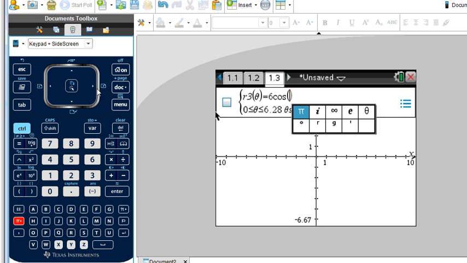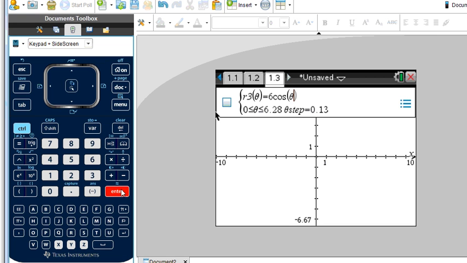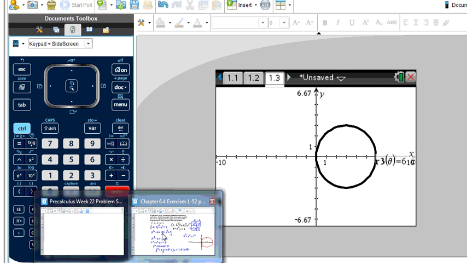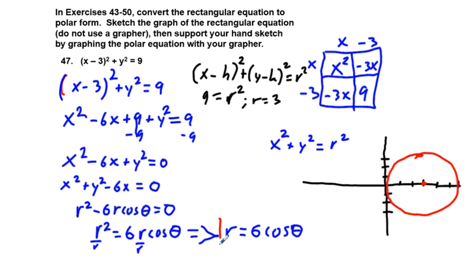There's theta here. I hope this equation, this graph works out right. Graph, there we go. So you have a circle centered at 3, 0, and that circle apparently has a radius of 3. So looks great to me. So we're going to call this good. We're going to call this our correct solution in polar form.